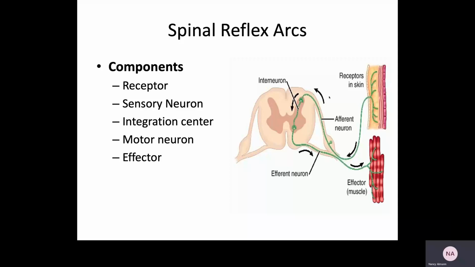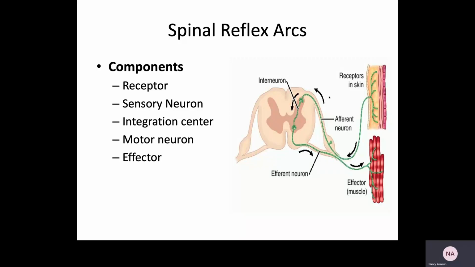You'll have a reaction, which will be sent along a motor neuron to an effector, and in this case, because you yanked your hand away, it's going to be a skeletal muscle. By the time you have yanked your hand away, your integration center has sent information to your brain which says, note to self, do not touch a hot cup. Silly person.